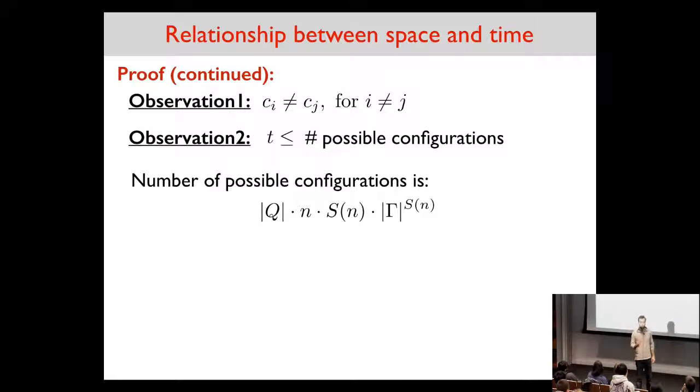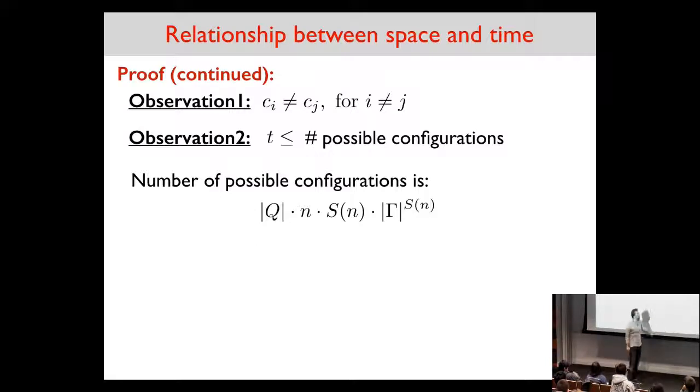The input, but more specifically, where is the input head? In which location is the input head? That's N. Then S of N, where does that come from? Where is the head in the work tape? It can be in at most S of N locations.